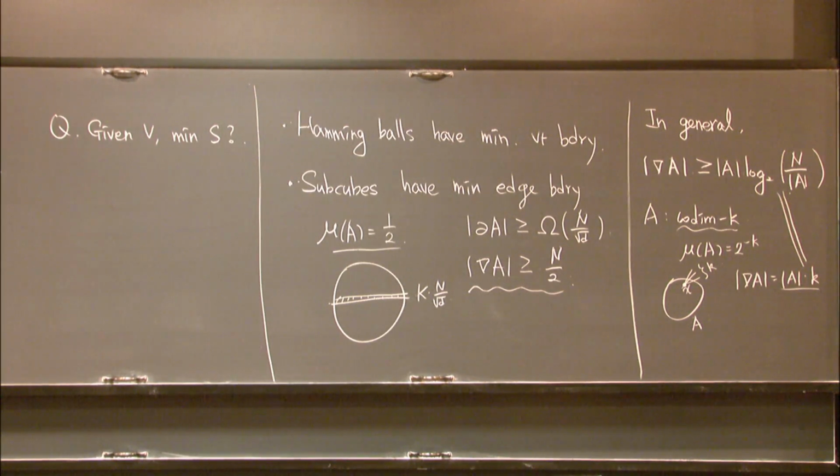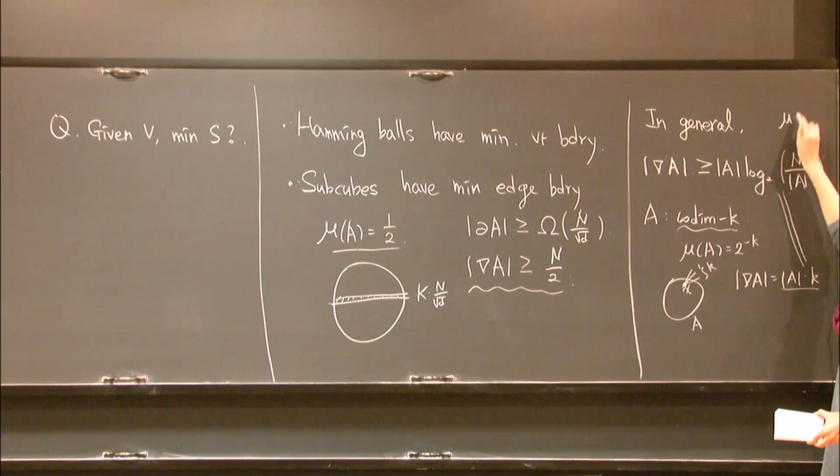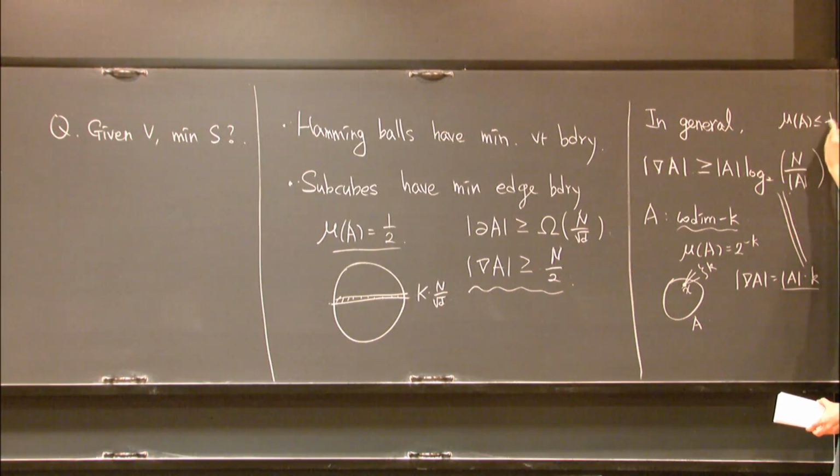By the way, this is only true when mu of A is at most half. When A is bigger than half, then we can take the complement of A because they have the same size of the edge boundary. Okay, any questions so far? Okay, then let me state our result now.